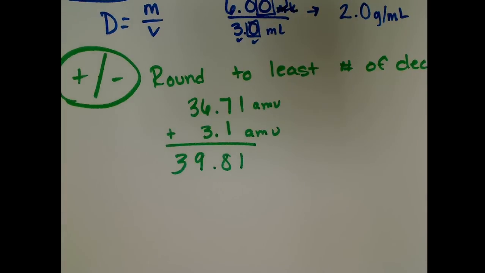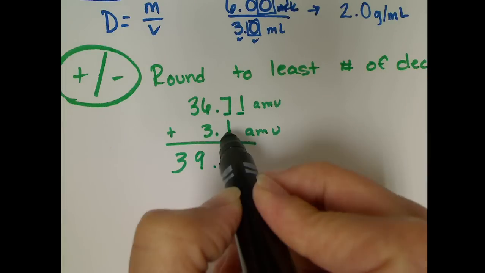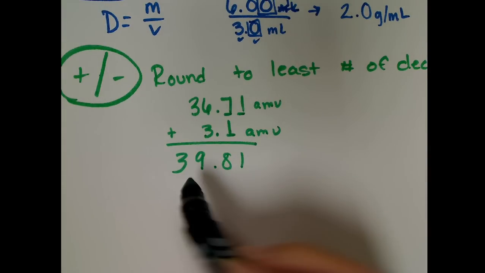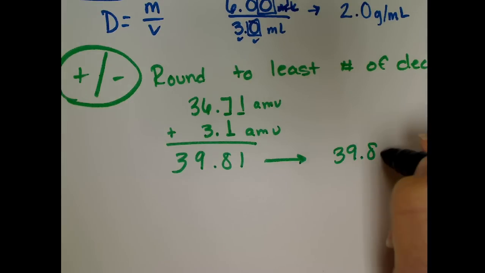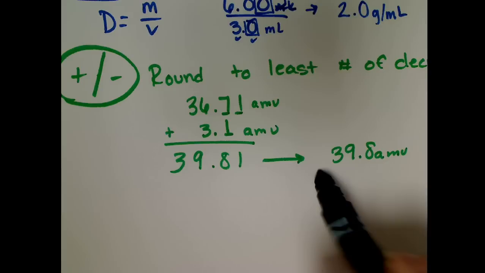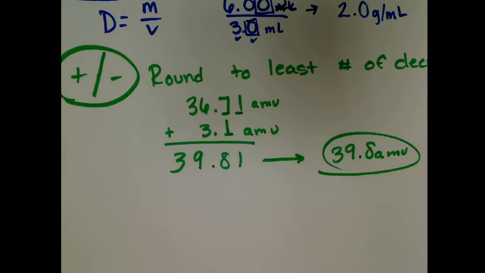Well, I round to the least number of decimal places. This one has 2, this one has 1, so my answer in correct terms would be 3.98 AMU. Don't forget those units, because that shows us the accuracy of our results.